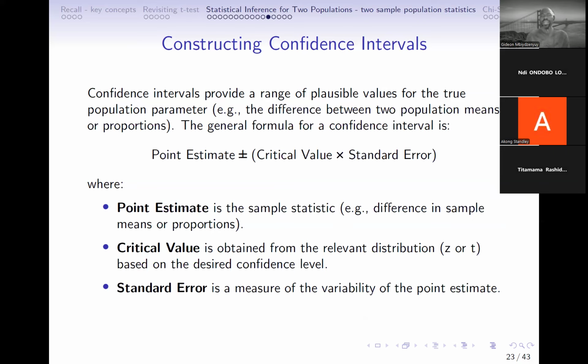We would say that confidence intervals allow us to estimate a range of plausible values. What do we mean by plausible values? Expected possible reality of the true population.